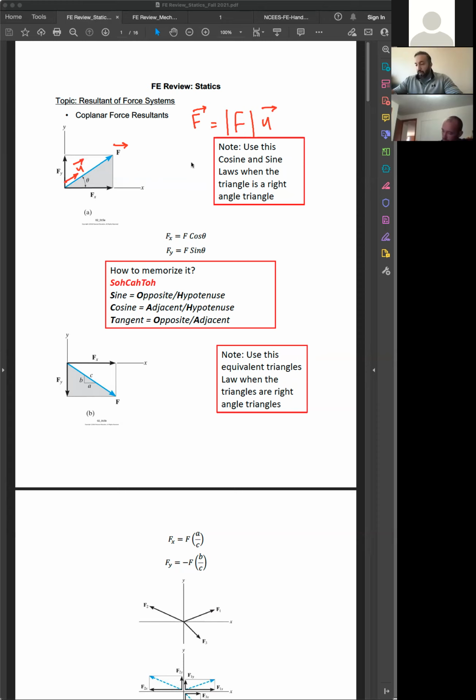Also, solving from this formula, the unit vector is the force vector over the magnitude of the vector. Something you want to pay attention to is that this magnitude is a scalar value. Is it just a number? Okay. The force vector, as the name says, is a vector in essence. All right.